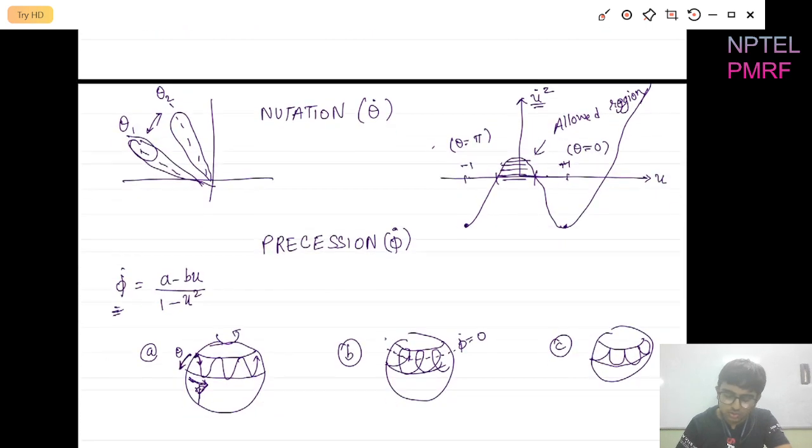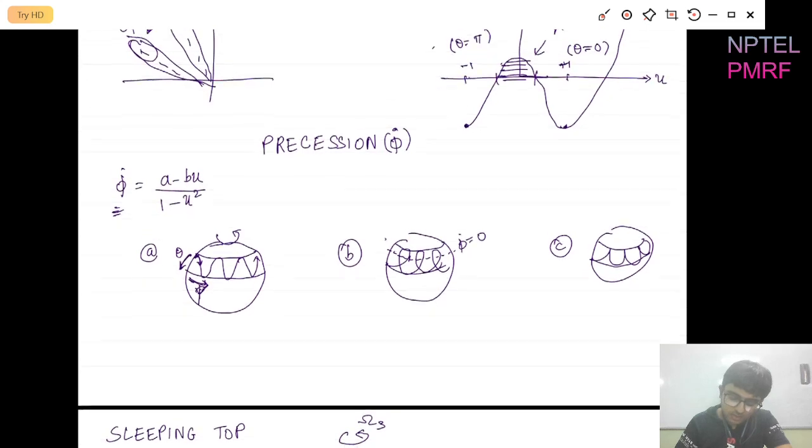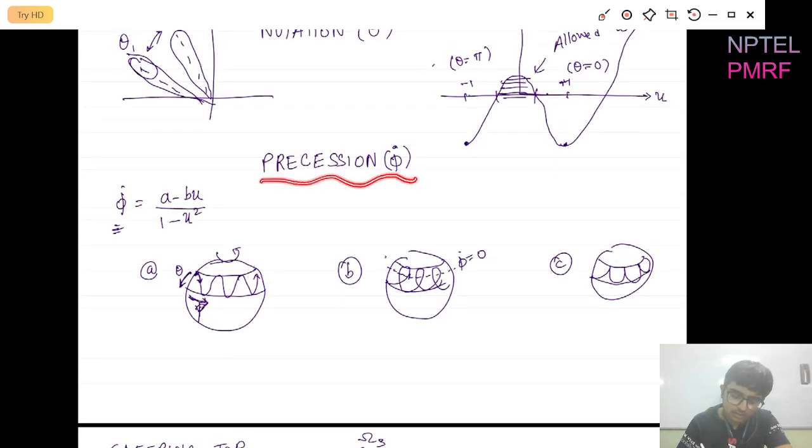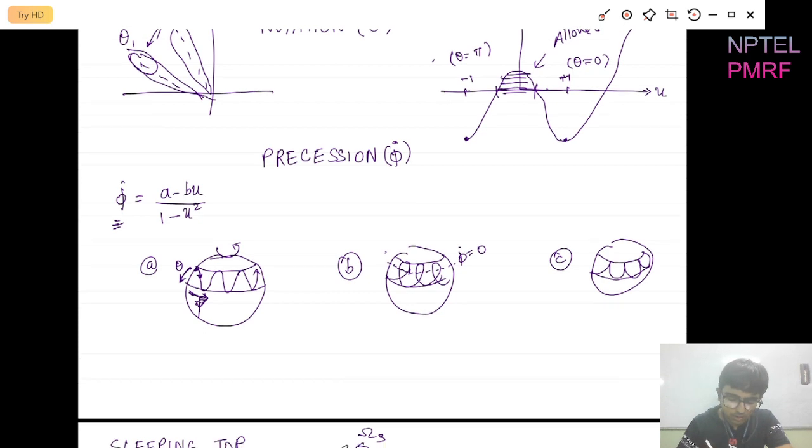Okay. Similarly, the motion along the phi axis, that is this axis, is called precession, right? And phi dot is given by this thing. So depending upon whether phi dot could be 0 or not, you can have various types of motion. One is straightforward, when phi dot is always positive or negative.